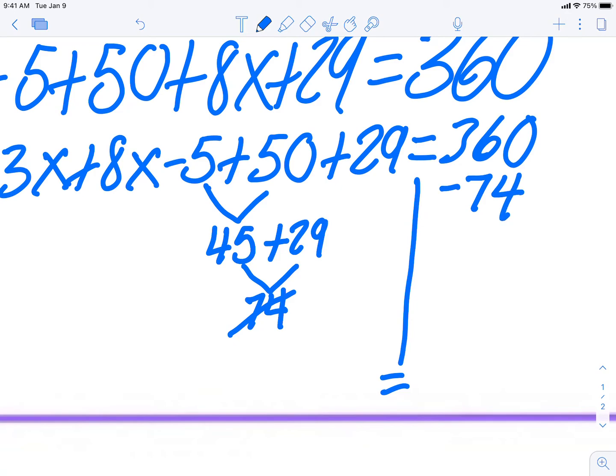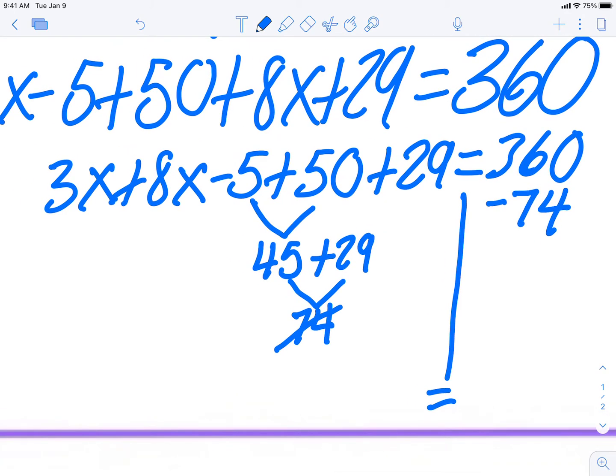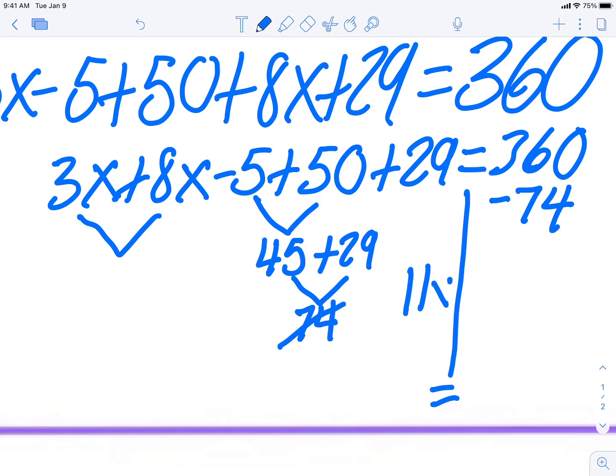And these two right here can also add. 3x plus 8x is 11x, right?